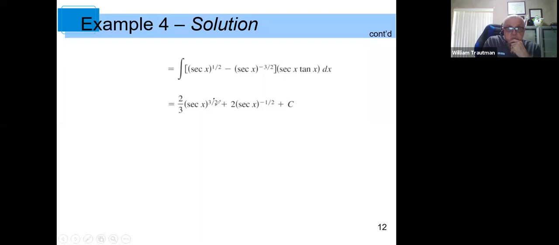Let me show you once again. When you add 1, you get 3/2. You put the 3/2 like this. Another way of writing it is taking the 3 and bringing up the 2, so it's the same thing as 2/3. Dividing by 3/2 is multiplying by 2/3.